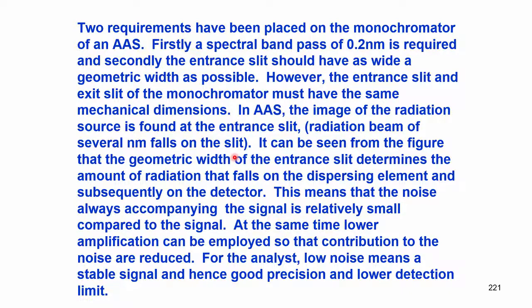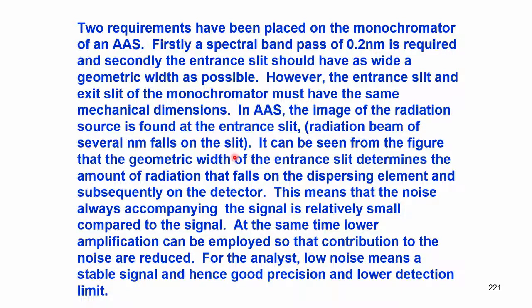This means that the noise always accompanying the signal is relatively small compared to the signal. Noise is very small actually. At the same time, lower amplification can be employed so that contributions to the noise are reduced.